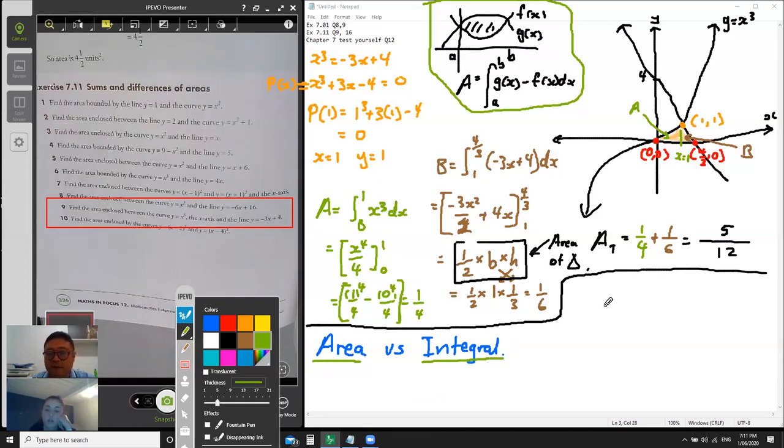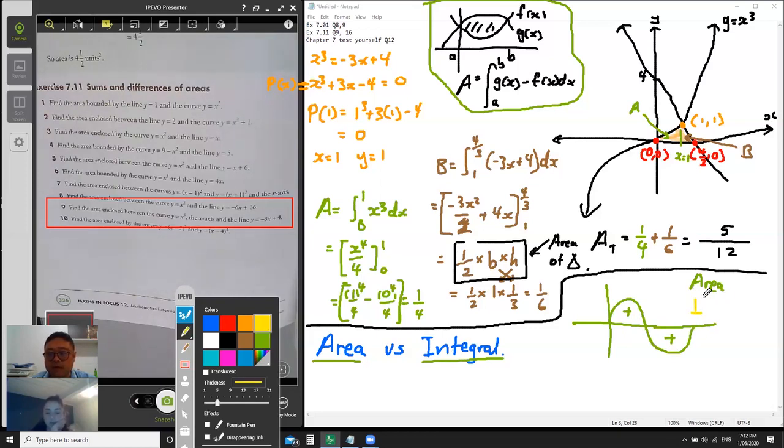If we want to find the area between a curve and the x-axis, say the curve looks like that, the area will be positive and positive. If the area is below the x-axis, it'll still be positive because area can't be negative. Got it?